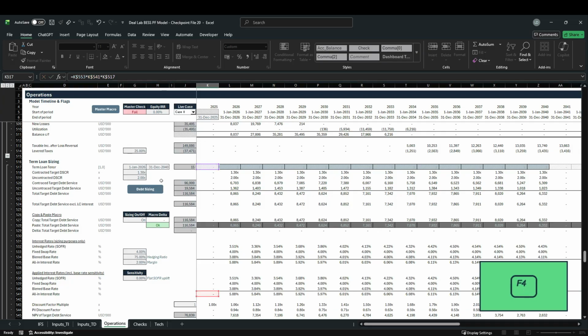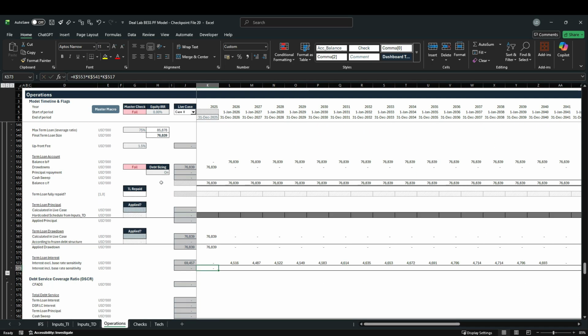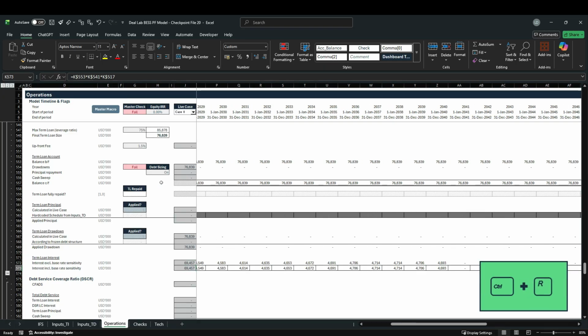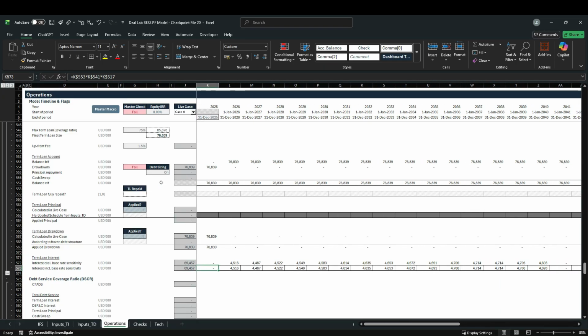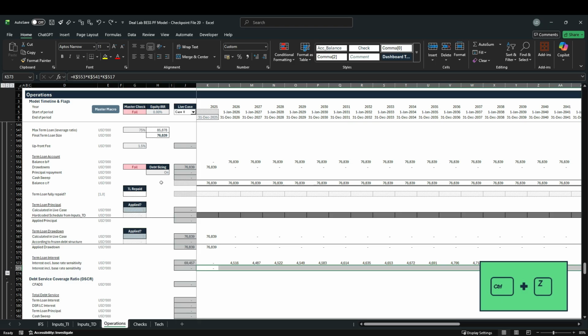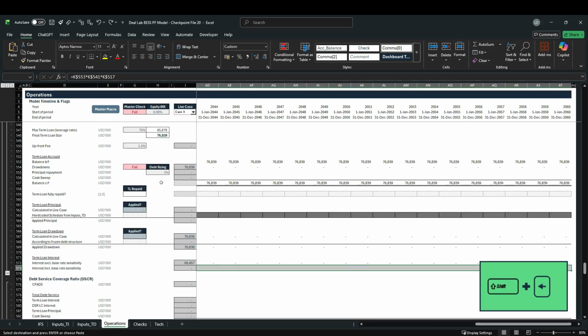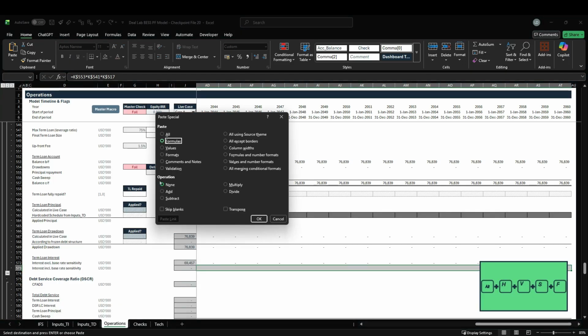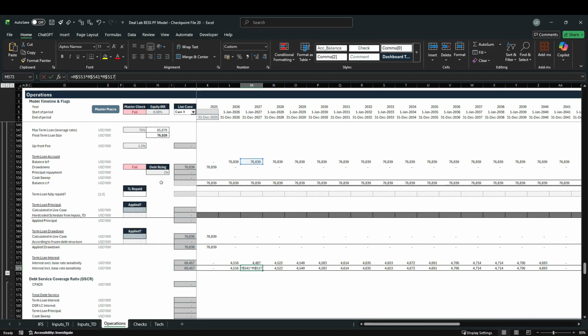F4 2 times. Enter. Drag this over, Control R. Actually, we messed up our formatting, so hit Control Z. Take this one, Control C. Mark all these cells and hit Alt H V S F to paste special formulas only. And now we can keep our formatting.